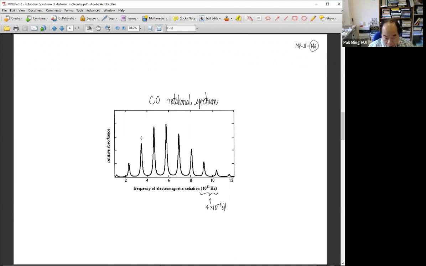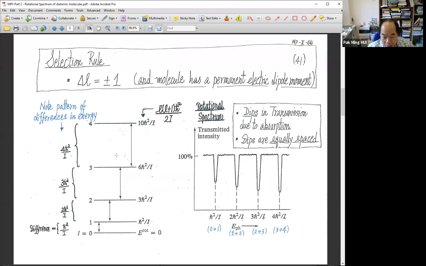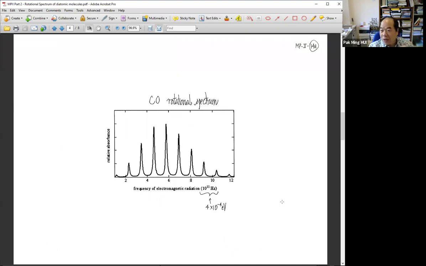You see the regular pattern, equally spaced, okay? Note that this is absorbance. So this is absorbing. The one that I showed you is transmission. So in transmission, you see dips. You interpret the data as absorbing. You see these peaks, okay?